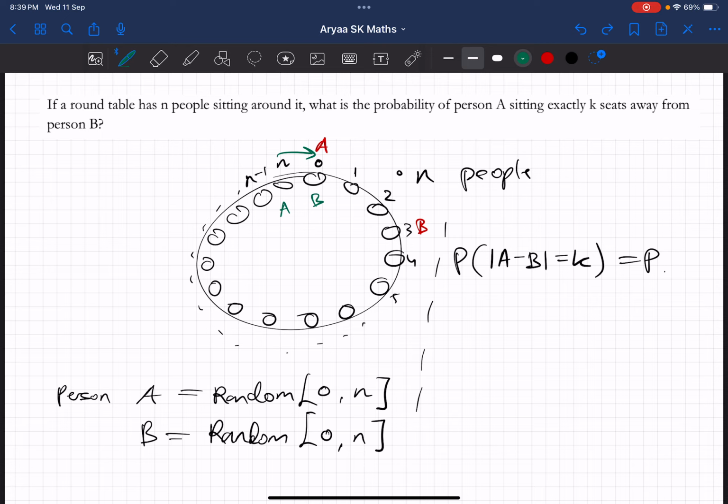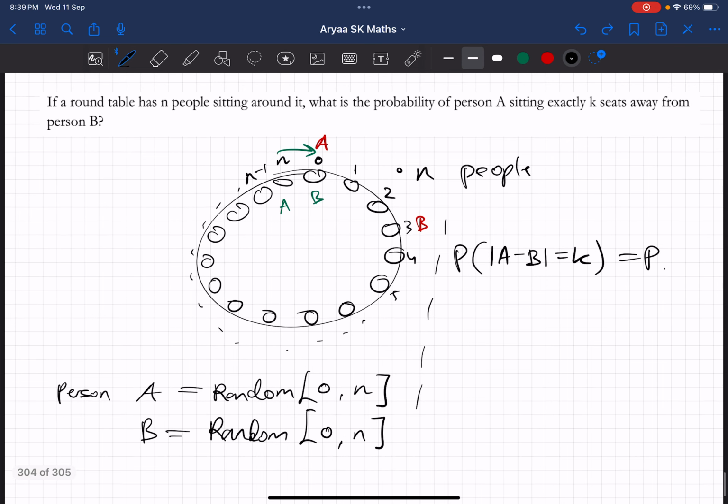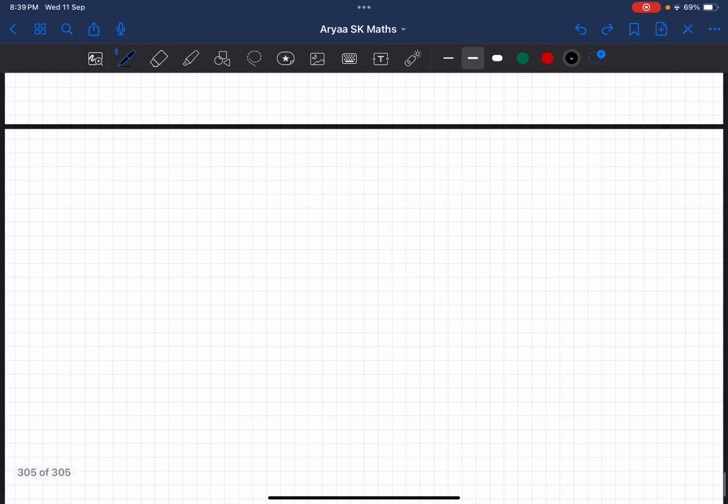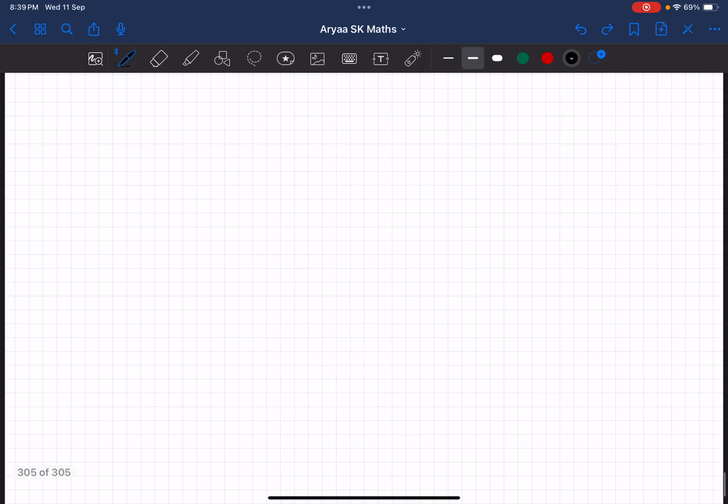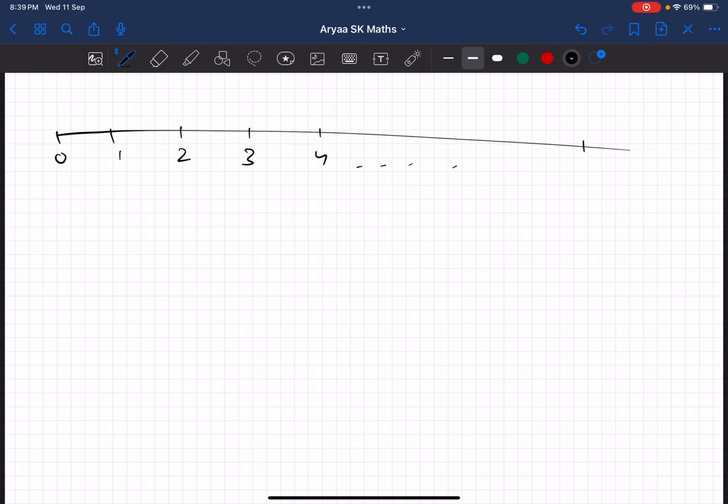Right, okay, let me try to represent this situation in a different manner. Probability of person A sitting exactly k seats away from person B. So let's put them all on a number line instead. We'll start at 0, 1, 2, 3, 4, on and on until we get to n.